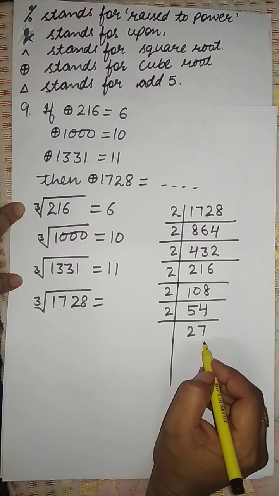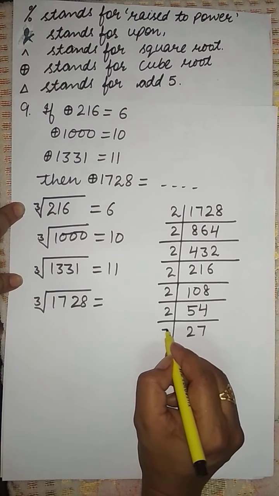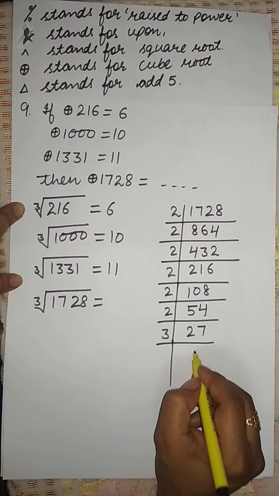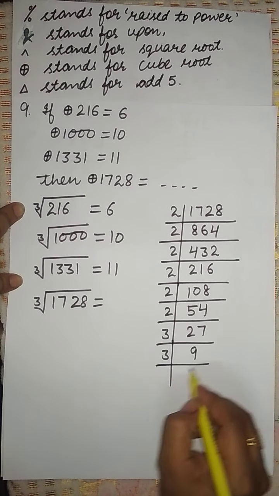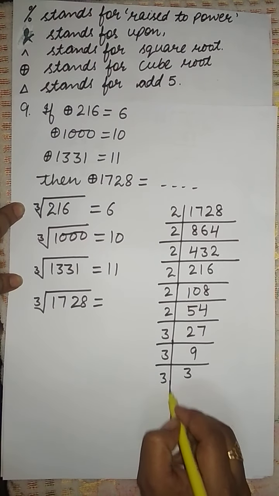Now 27 is not divisible by 2, so I'll write 3 here. This is 9, 3 3s are 9, 3 1s are 3.